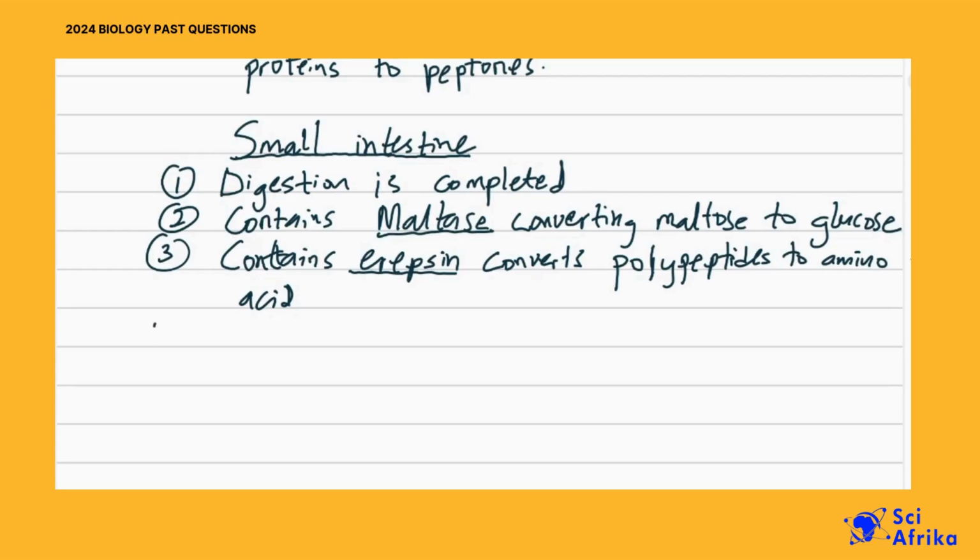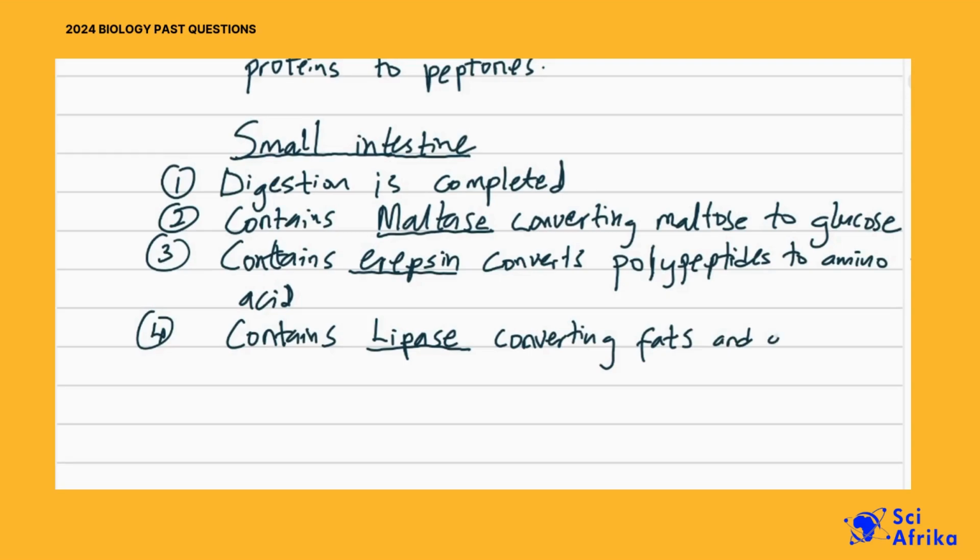We also have lipase. Lipase is also one of the enzymes that are secreted into the small intestine from the pancreatic juice. It contains lipase, which converts fat and oil to what?